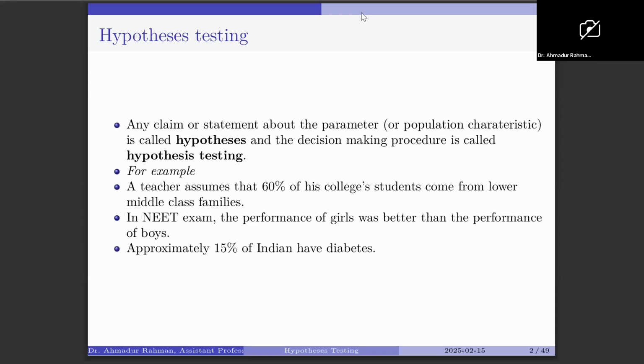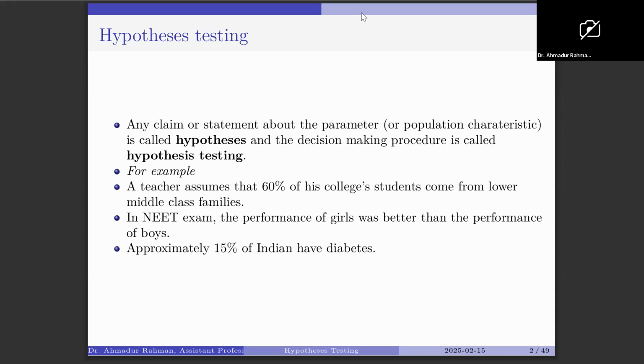Okay. For example, if we are comparing students on the basis of gender, there are two genders, male and female. Now we check their performance. So we may make a statement that girl students are outperforming the boys, or another statement that boy students are outperforming the female students.